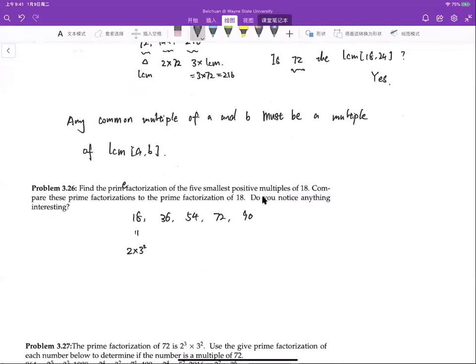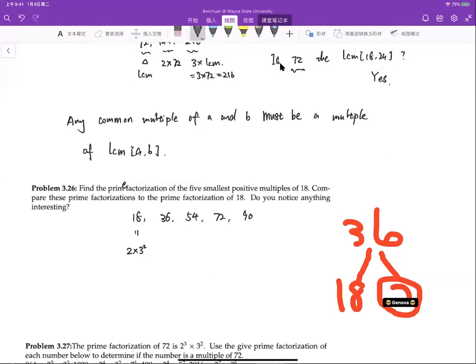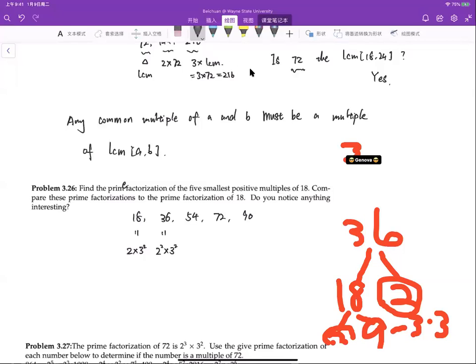Then can you tell me the prime factorization of 36? Can anyone do that? Oh, Davey? Can't we just do 2 to the power of 2 times 3 to the power of 2? Yes, that's correct. So that will be 2 squared times 3 squared. How about 54? Oh, David, can you continue to do the 54? Don't we just add another power of 2? You mean 54 or 36? For 54.